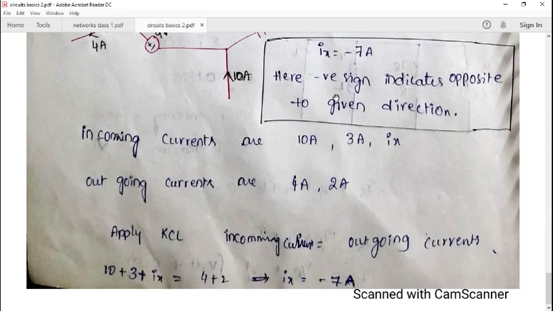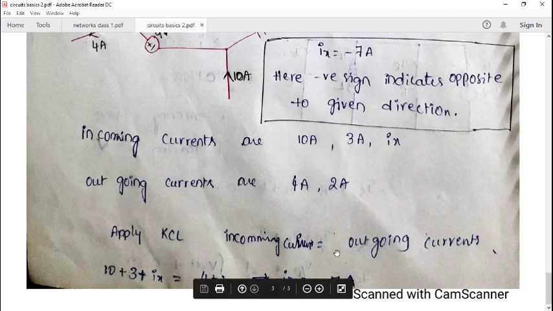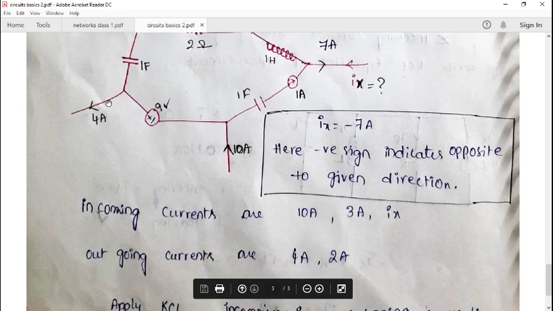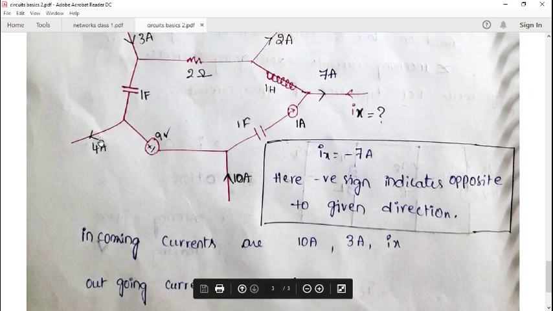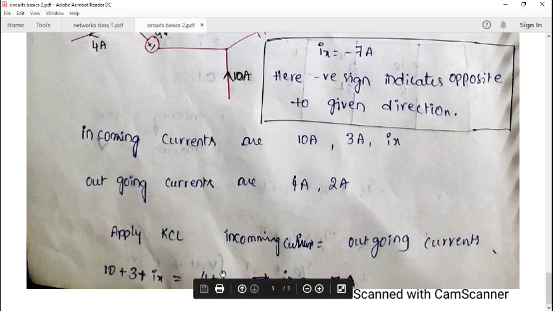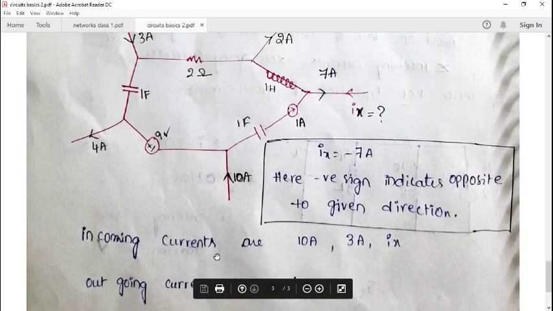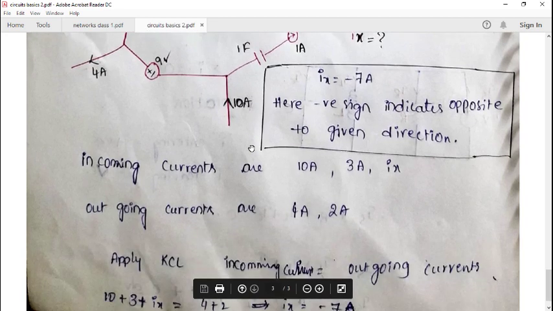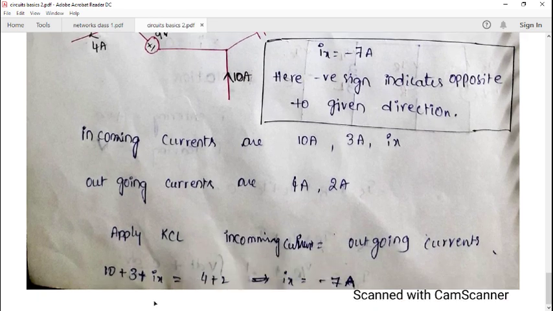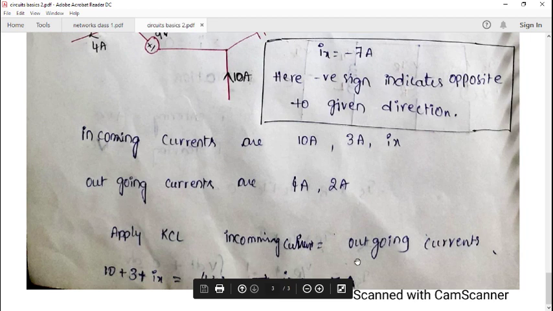Applying KCL, incoming currents equal to outgoing currents. 4 ampere and 2 ampere are outgoing currents, so 4 plus 2, we wrote this here. 10 ampere and 3 ampere are incoming currents, so 10 plus 3 plus Ix, which is entering here.